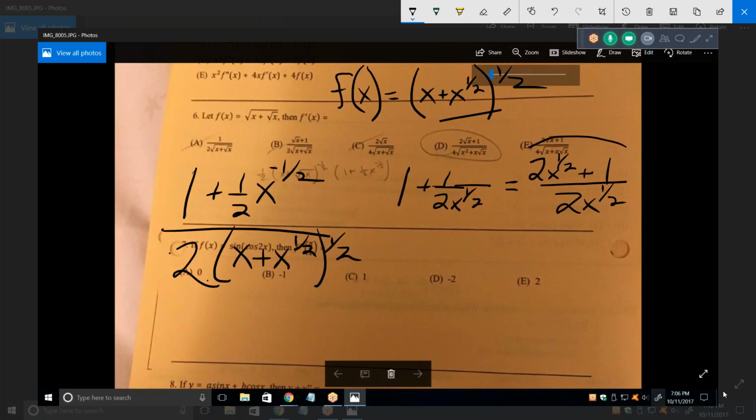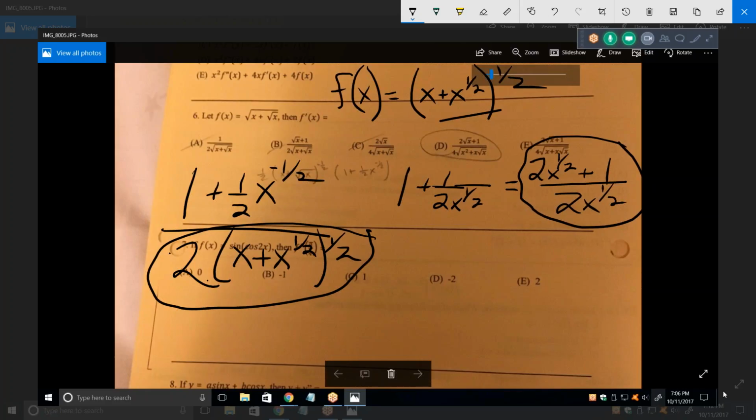So this is my numerator. This is my denominator, which means that this 2x to the 1/2 can go in my denominator.